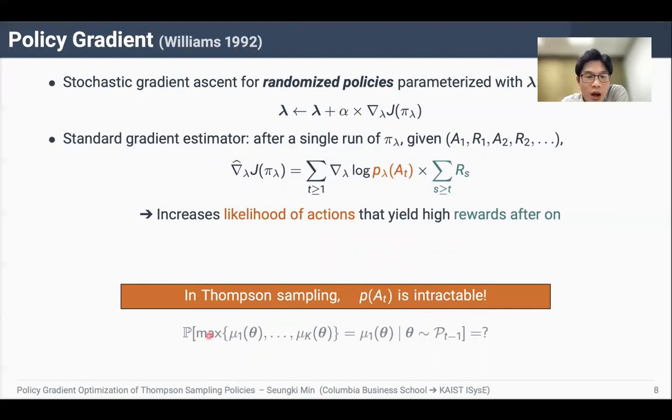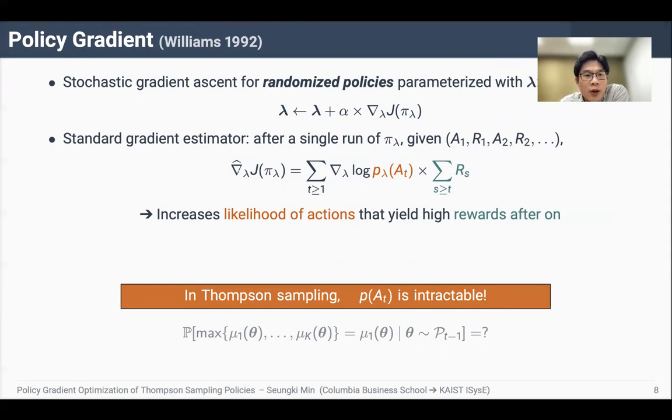If you remember, Thompson sampling's action is the optimal solution to a random instance of some optimization problem. And in most cases, we don't know how to write down the formula for this arm selection probability. So we cannot implement the policy gradient for Thompson sampling at this point.